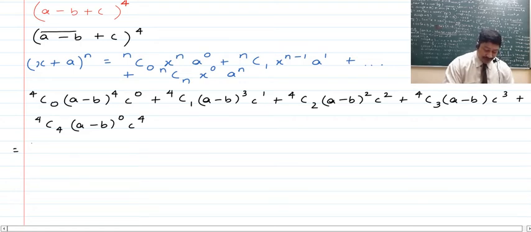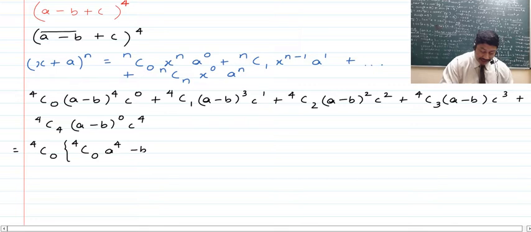So next, we can write this as 4C0, which is going to be multiplied with, in the bracket, the expansion of (a minus b) raised to the power 4, which is going to become equal to 4C0 a raised to the power 4 and minus b raised to the power 0.